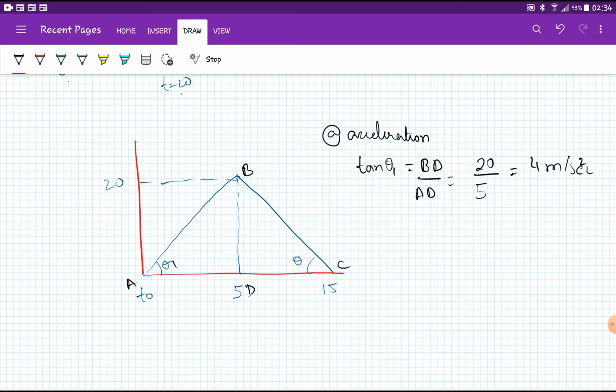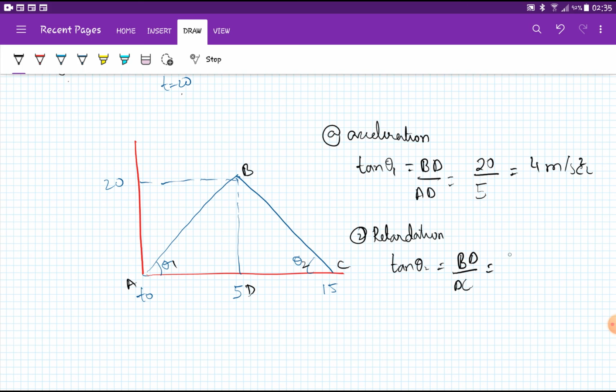This is for acceleration. Now we have to find the retardation, so you have to find theta 2. Tan theta 2 is equal to BD by DC.